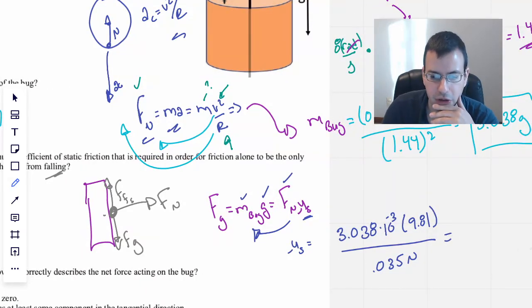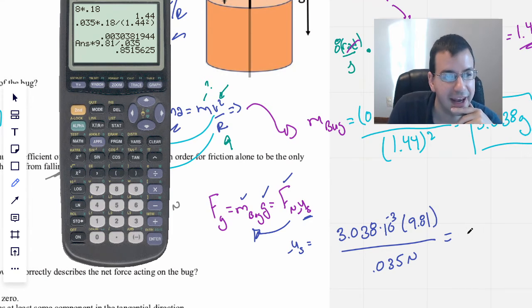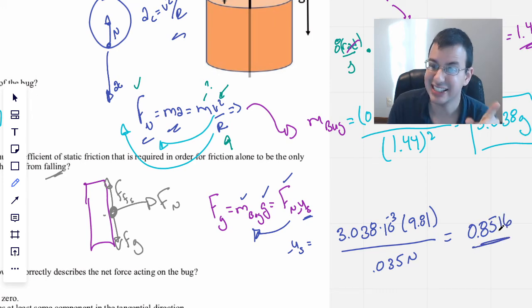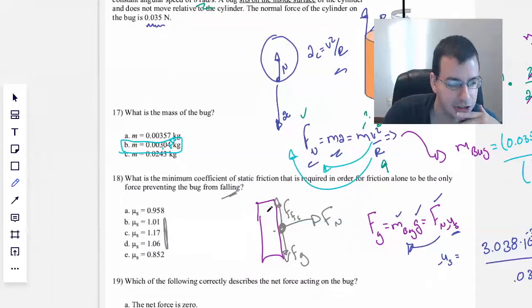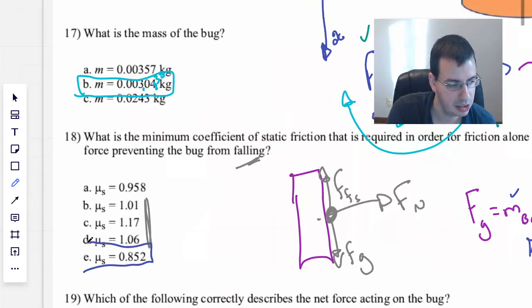Let's see if that works. So we got that still up there, times 9.81 divided by 0.035. And we get 0.85166. Looking at this answer, we can come over here, and that's probably going to be E.